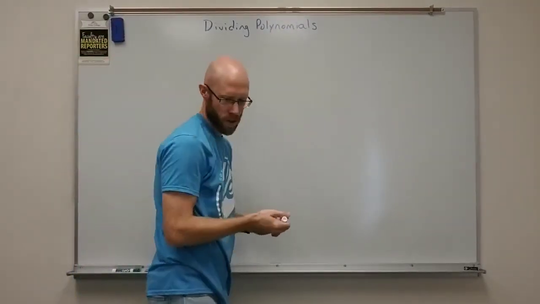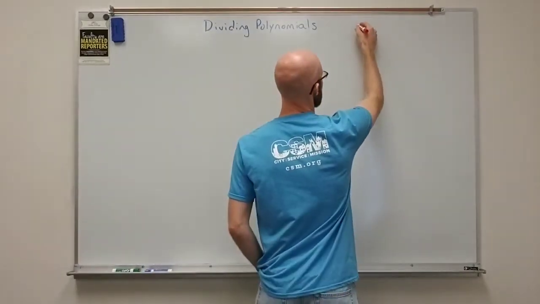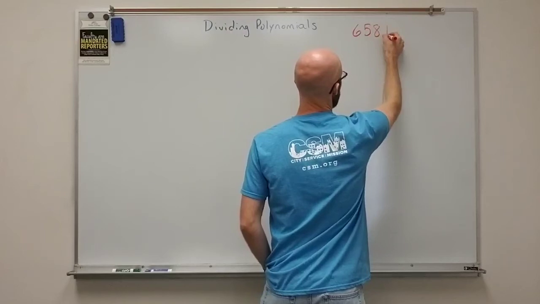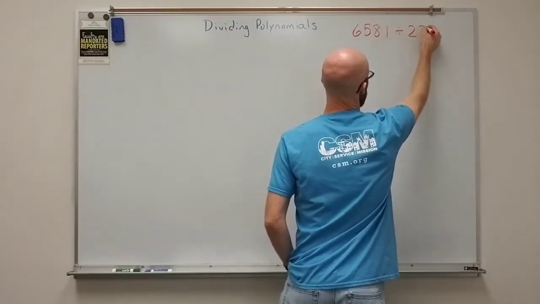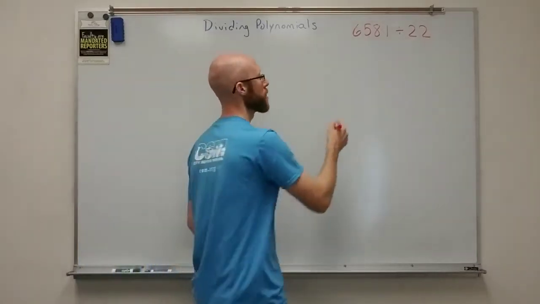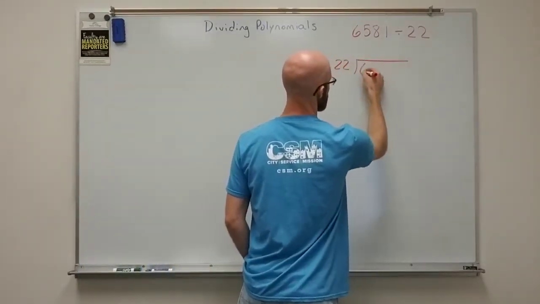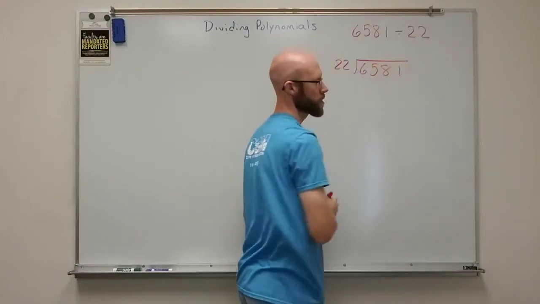So let's try a numerical example. Let's do 6,581 divided by 22. Again, the 22 goes on the outside. The 6,581 goes on the inside.